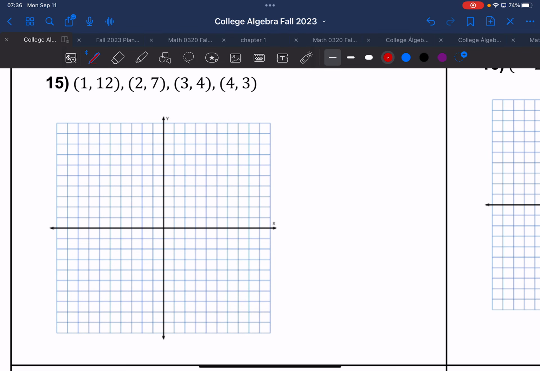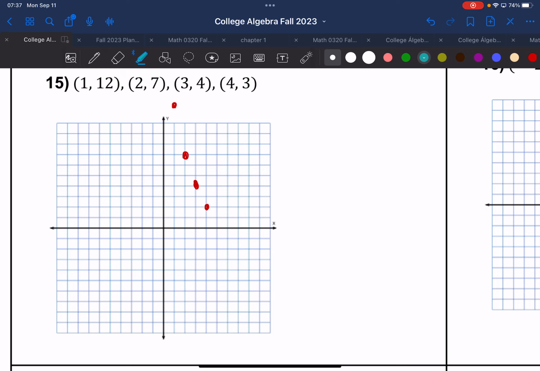So for 15, again, plotting these points. 1, 12, so that's going to be off my graph. 2, 7, 3, 4, 4, 3. Before I draw my line, does this look linear or not?